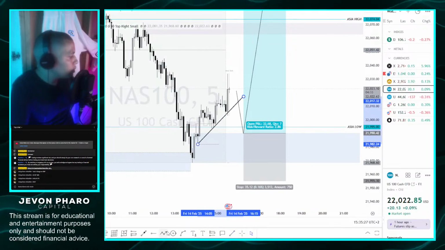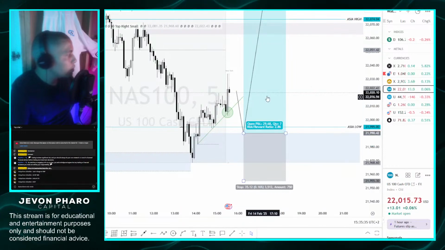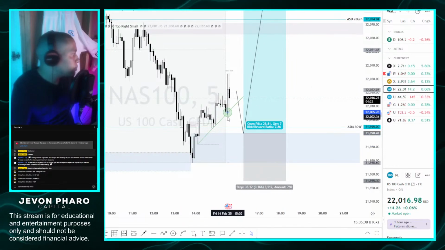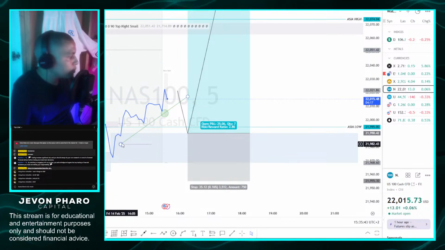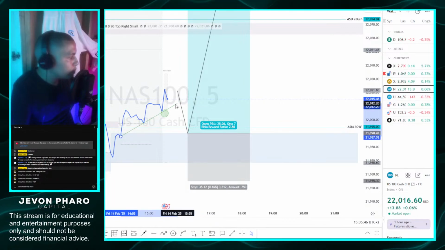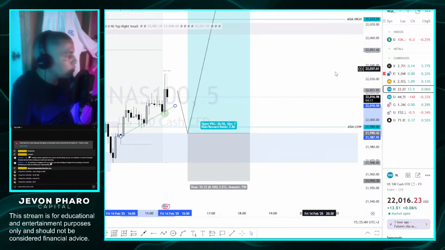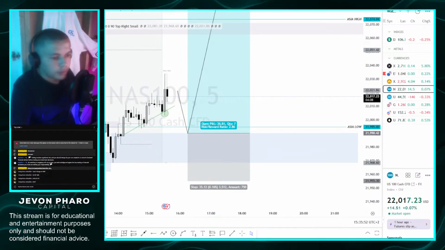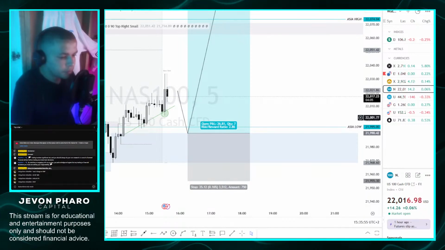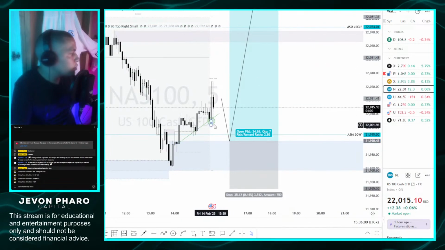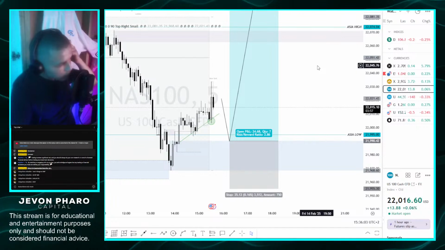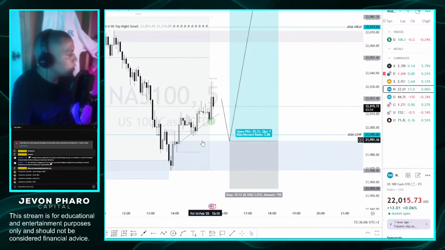Let's see. So on the open, let's see if they're gonna manipulate. So literally the people who bought that there most likely have a stop somewhere below this low.